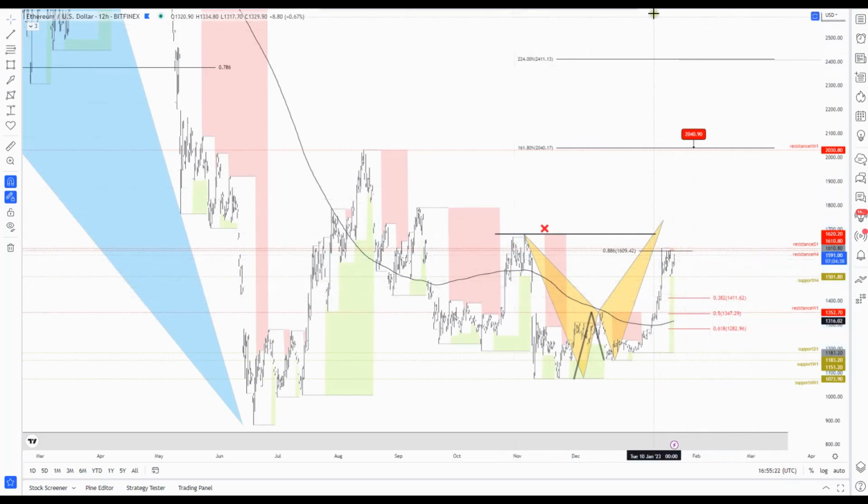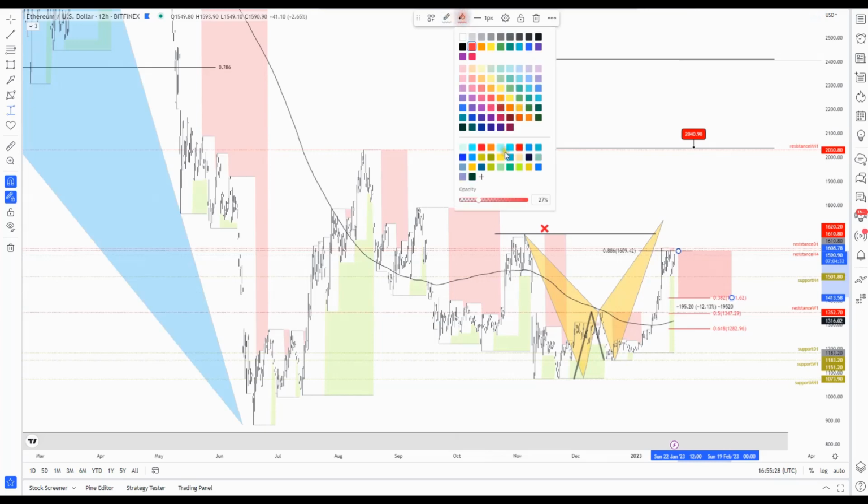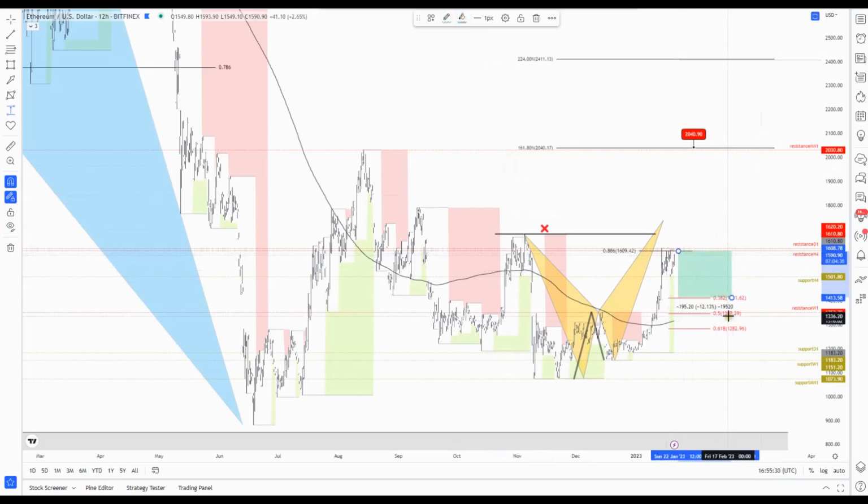In a situation like this, you can use this as an example. So you have the 88.6, you have your potential reward for that trade, which means a 12.13% below. So that's my maximum risk, 12.13. So this is my maximum risk for this setup.